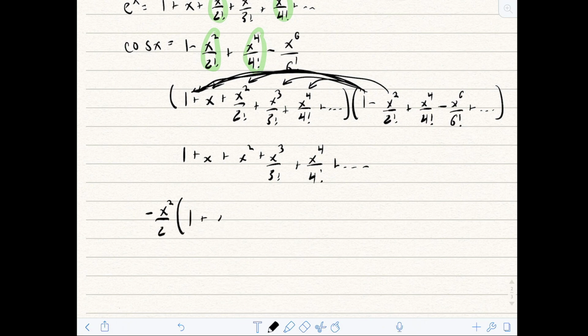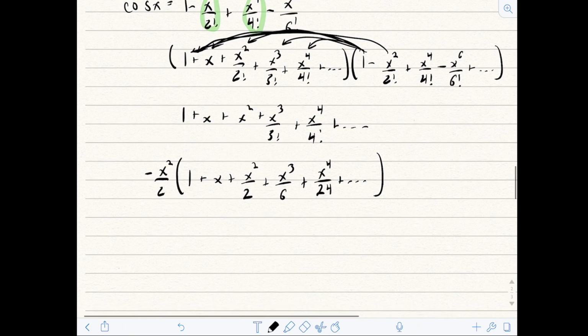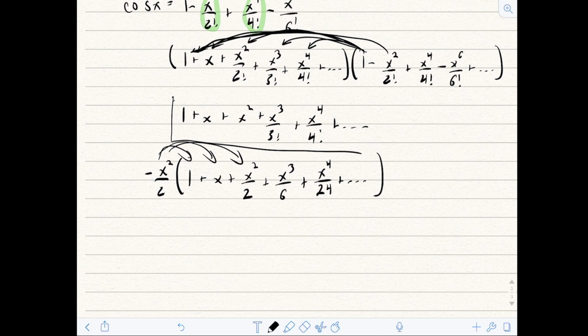And then that's going to be 1 plus x to the second over 2 plus x to the third over 6, and then plus x to the fourth over 24, and then plus ... So we can kind of continue this. By the way, when I multiply these in, I'm going to be adding them to these specific values afterwards.